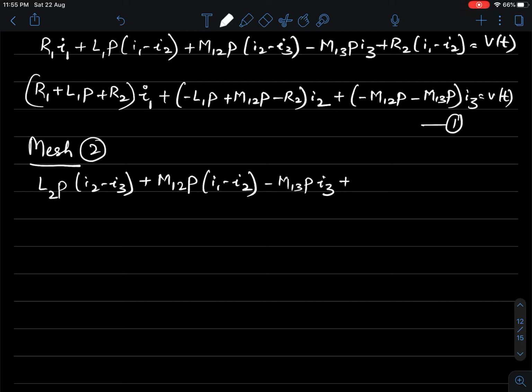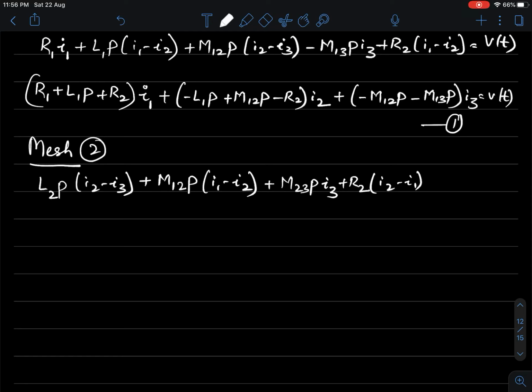Oh, I'm sorry, I am a little sorry about this. M12P I1 minus I2 is alright. Then I come across another drop in potential, plus M23P into I3, plus R2 into I2 minus I1.